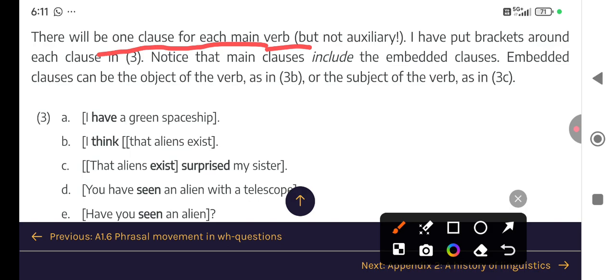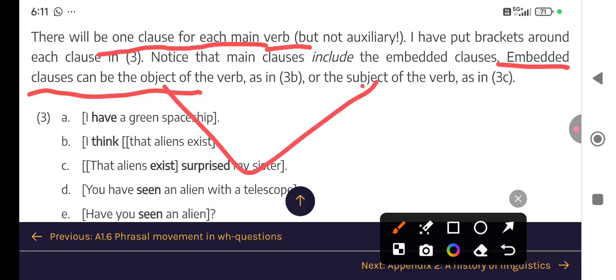Notice that the main clause includes the embedded clause. Embedded clauses can be the object of the verb, important, as in third B, or the subject of the verb. It can be the object or subject of the verb.